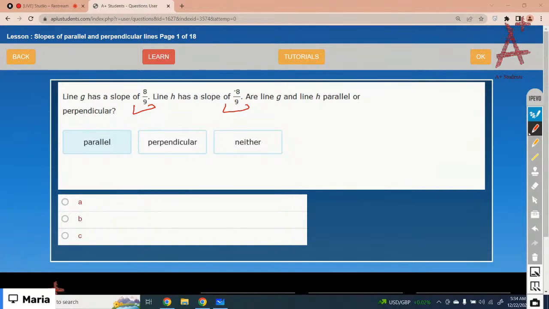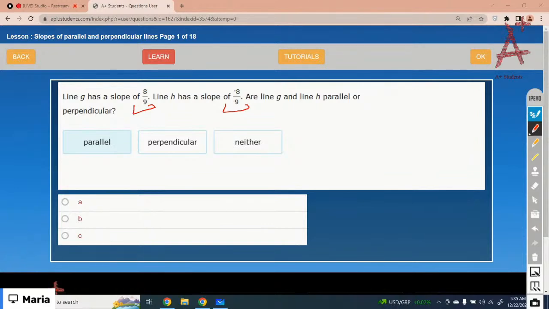Parallel lines have the same slope. So it is neither. The correct option is neither.